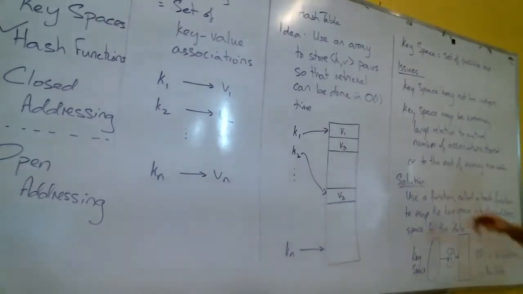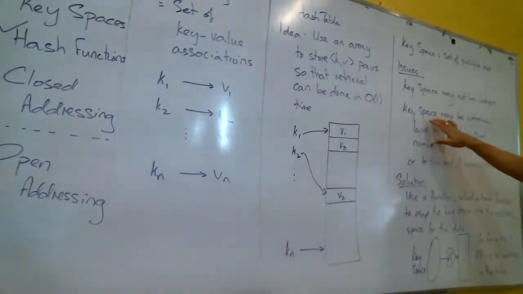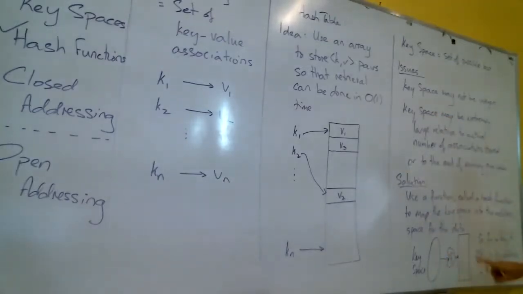The challenge, though, remains if I have many, many possible keys, and I now need to map to an address. I have a particular potential problem. If I have more keys than I have addresses, what am I guaranteed can happen? Assuming f is an actual function, so the domain of f is the entire key space.